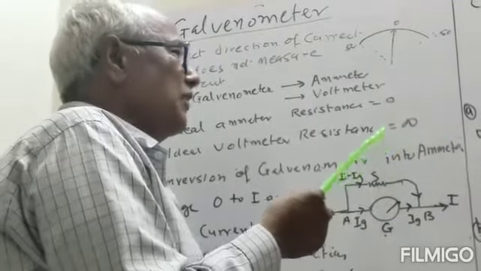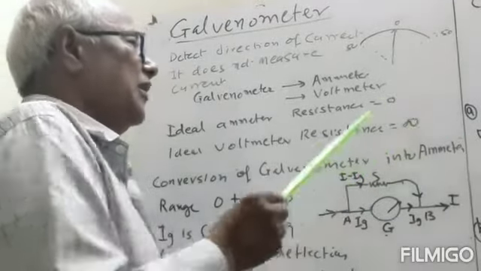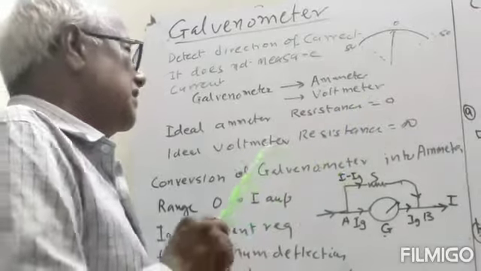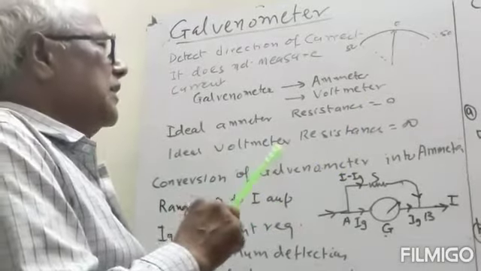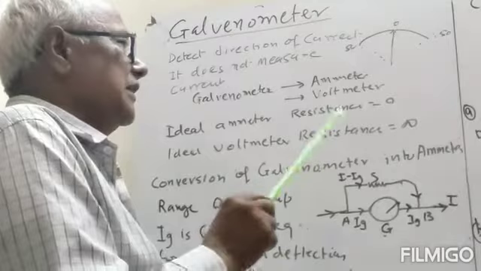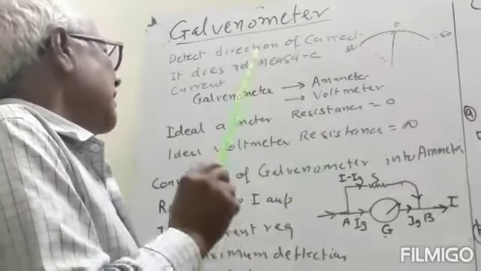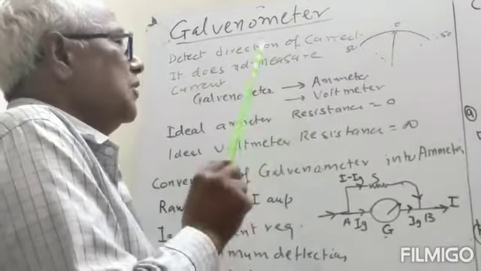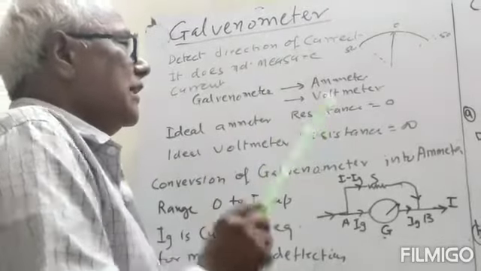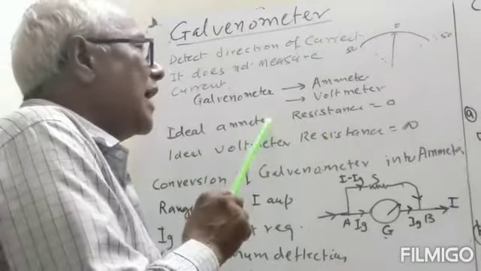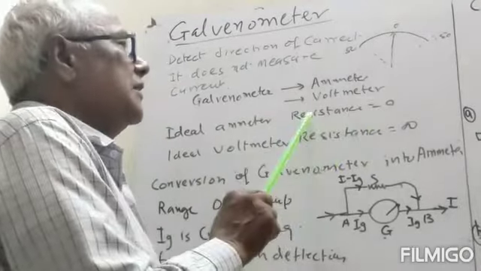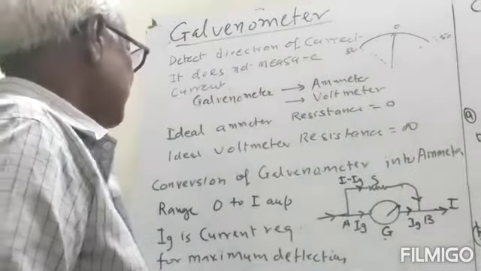So, a large amount of the current will be changed. So, voltmeter cannot be used in series. Similarly, ammeter should be used in series, because the current in the circuit should pass through the ammeter completely.